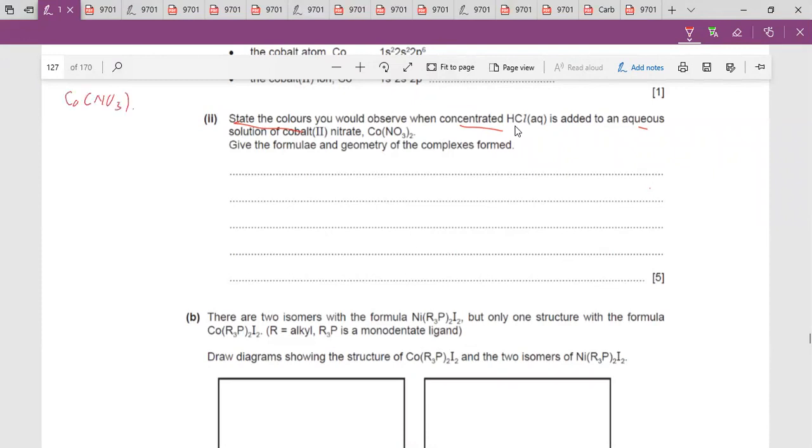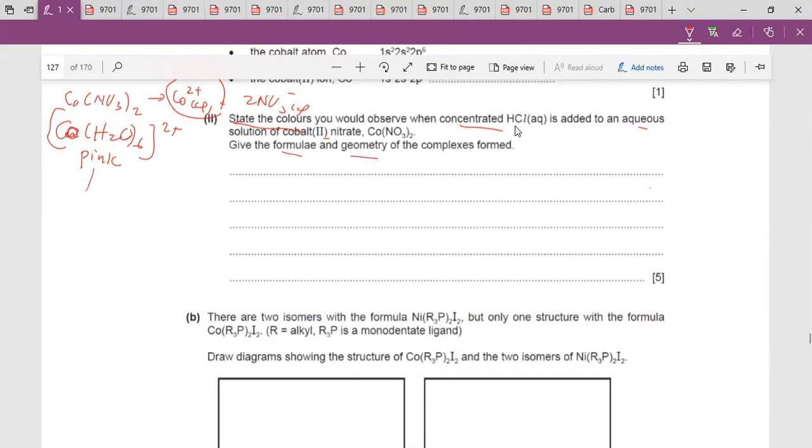Cobalt nitrate goes to Co2+ plus 2NO3 minus. Now this of course is your what? Cobalt, H2O bracket, how much? 6. See, you always remember octahedral, 2+, which is what color? Pink.